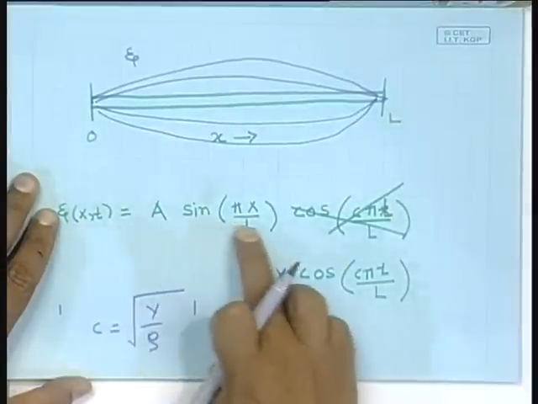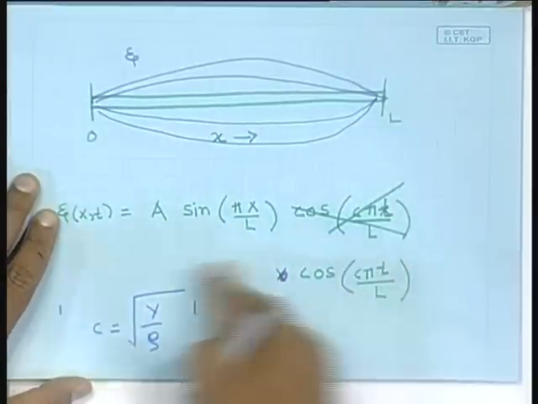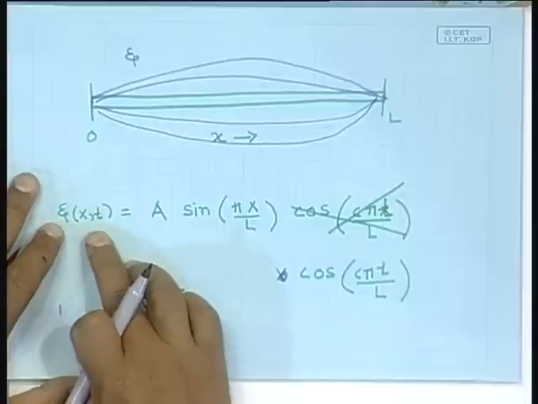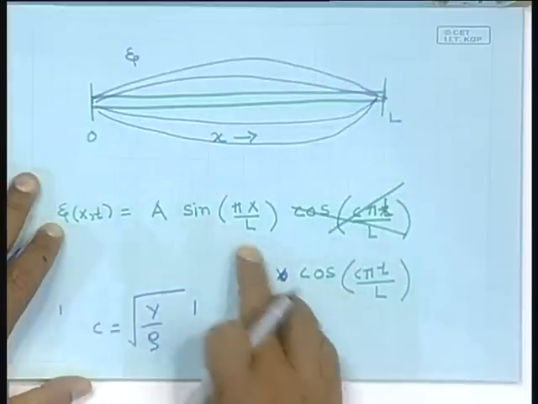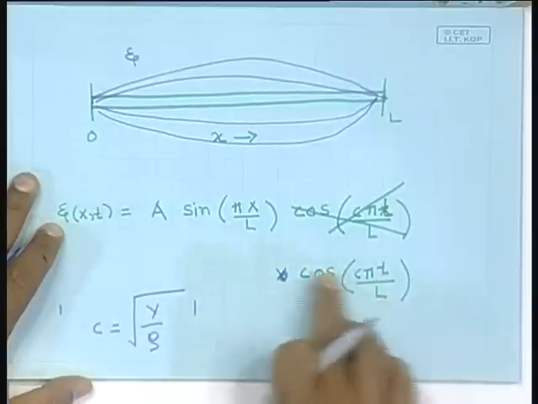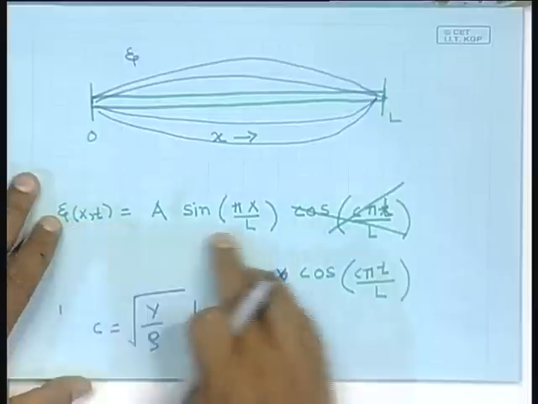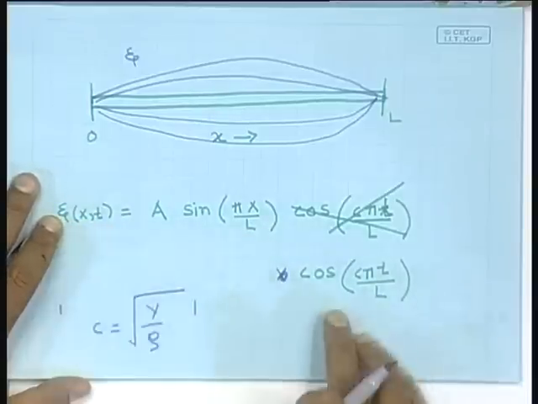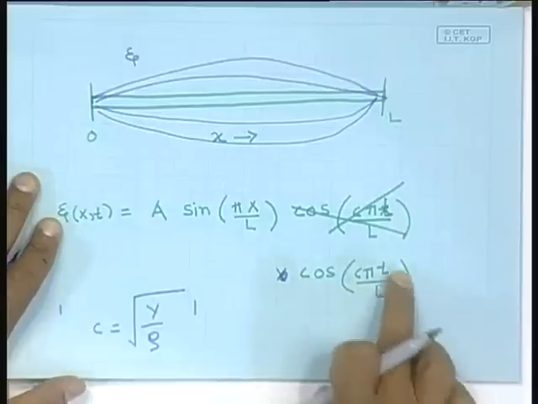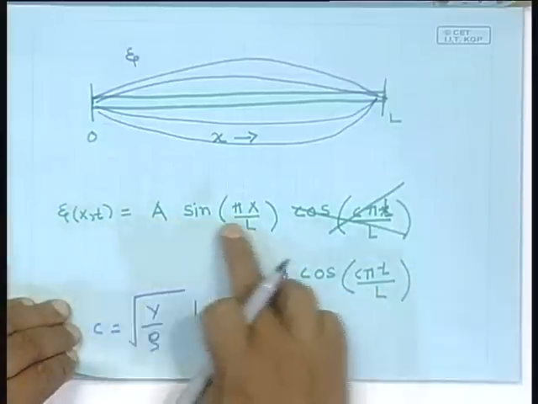What does the displacement, the disturbance look like? Let us first plot that. At t equal to 0, this cosine term is 1. So, the displacement is A sin(pi x by L).